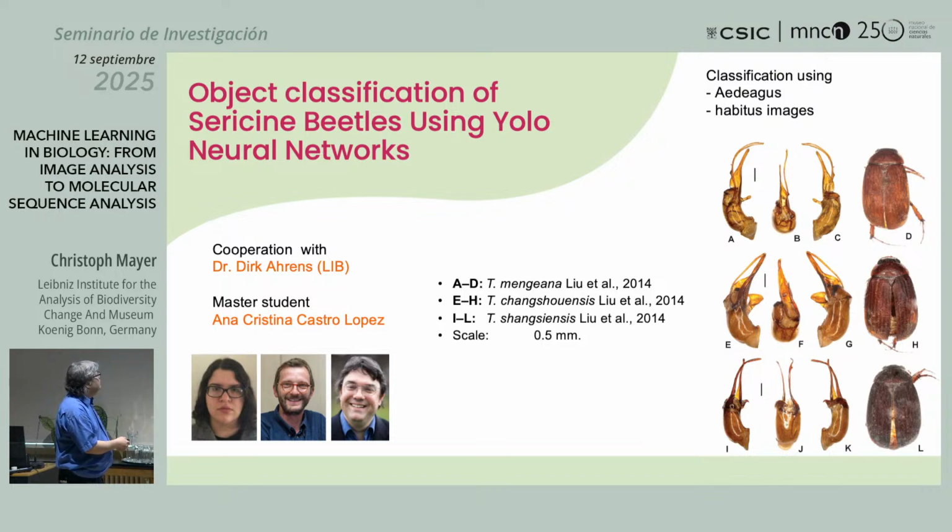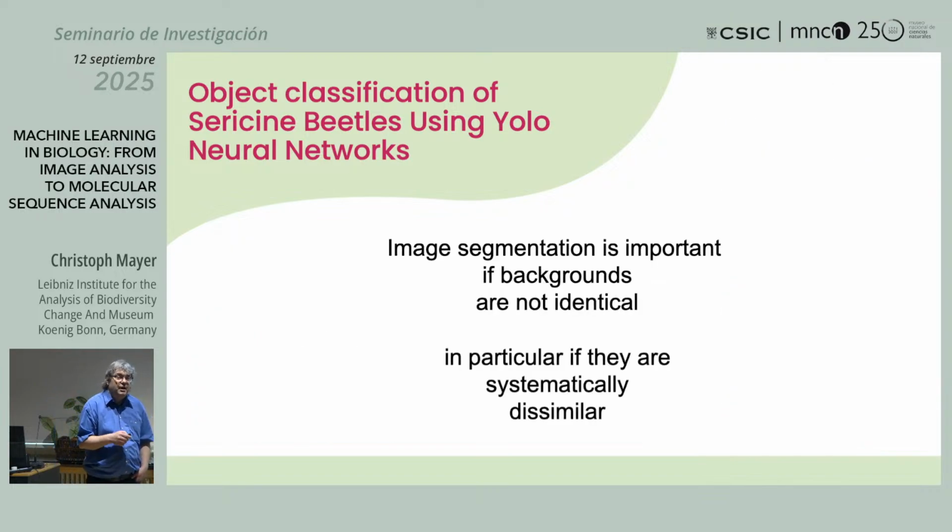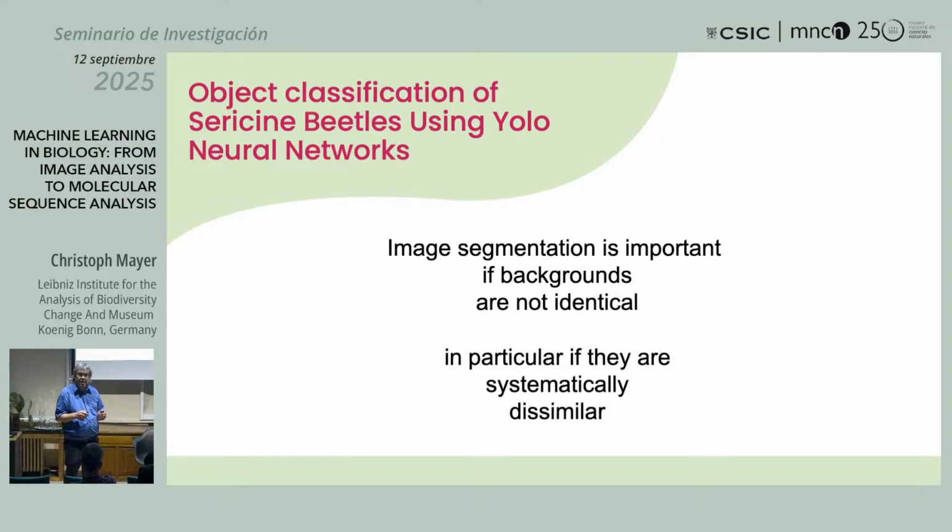Okay. In this case, image segmentation is quite important because if you have different backgrounds, that can mislead the classification, especially if that is systematically dissimilar. Maybe you take one set of images today and another one tomorrow, and they're all a bit brighter today than tomorrow.